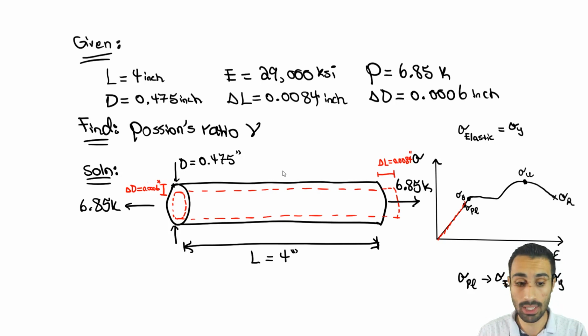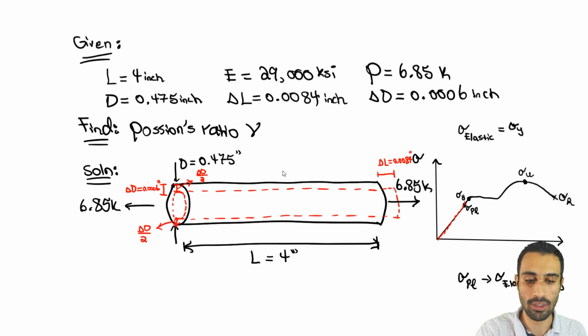When you look at it in actuality, this part would be delta D divided by 2, and this part at both sides would be delta D divided by 2. So that would be 0.003 on the top, a reduction, and 0.003 at the bottom.